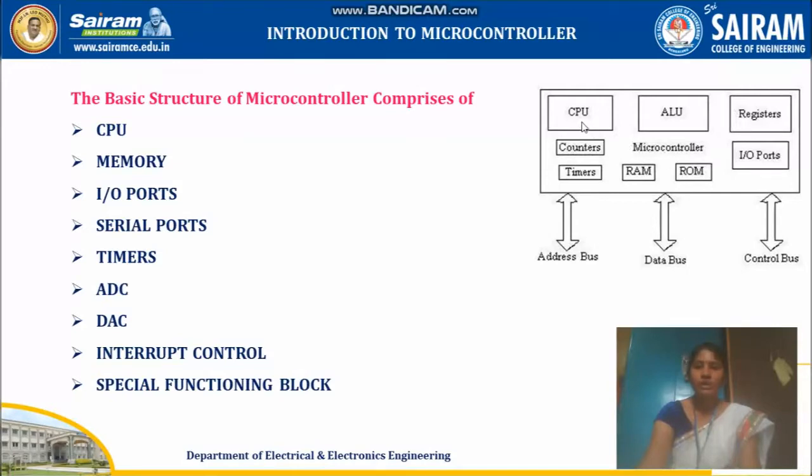It also comprises the CPU, central processing unit, ALU, arithmetic and logic unit, registers for storing your data, it is your temporary register, counters to count the number of clock pulses, timers to create a time delay, RAM, it is a data memory to store your data, ROM, it is your program memory to store your programs, IO ports for connecting your input and output devices.